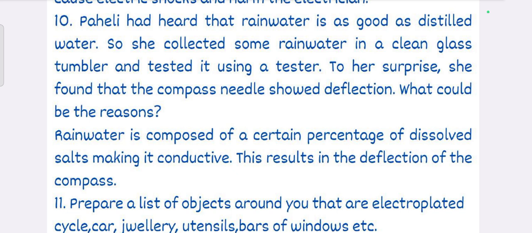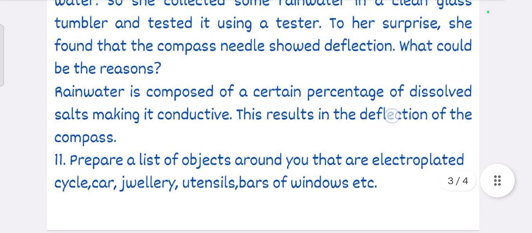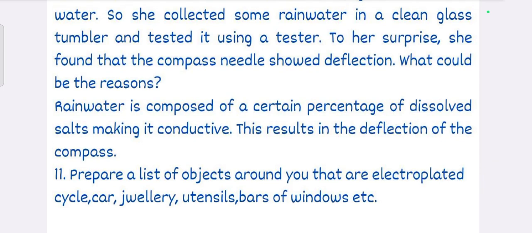What could be the reasons? Answer: Rainwater is composed of a certain percentage of dissolved salts, making it conductive.